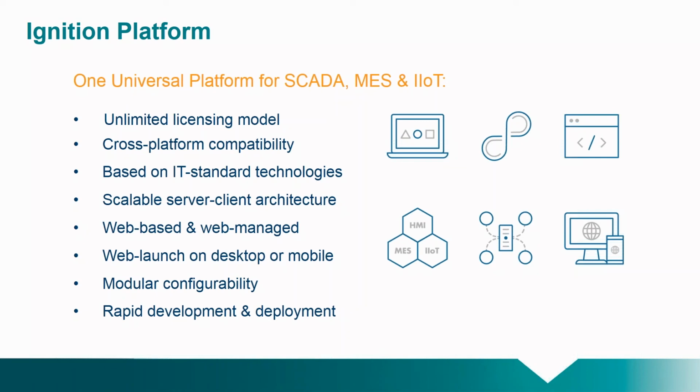We're web-based, web-managed. The clients are web-launched on desktop and mobile. The Ignition platform is modular as well. The modular configurability is an important aspect of Ignition, and we'll talk a little bit more about modules in just a second. And of course, Ignition is a rapid development and deployment platform.